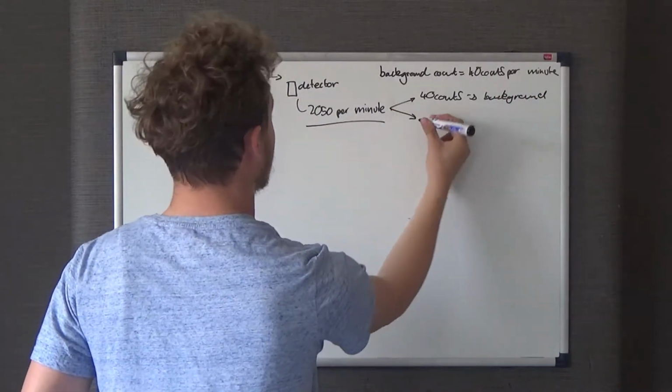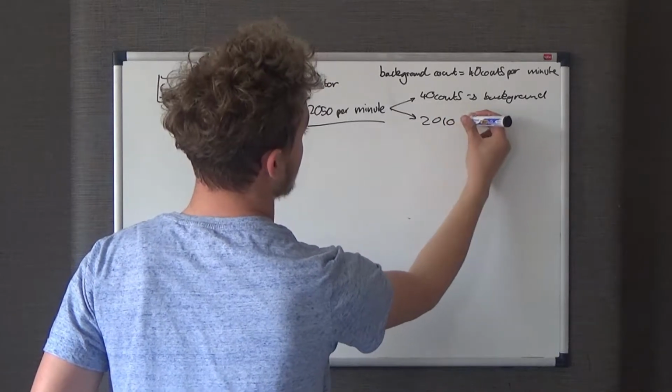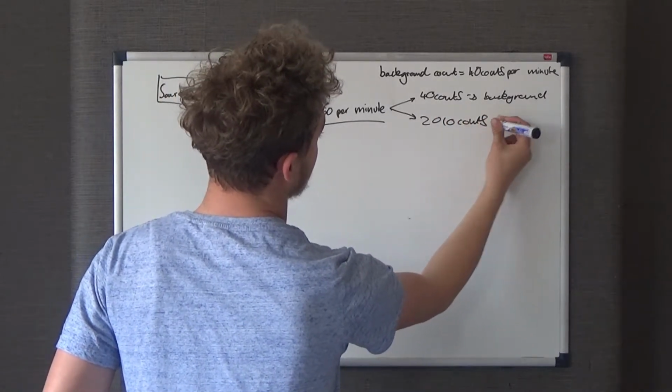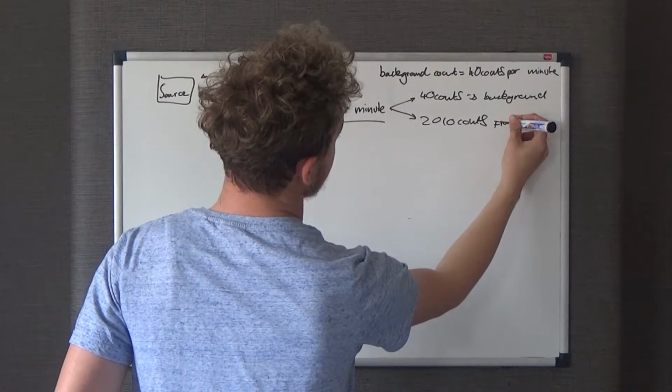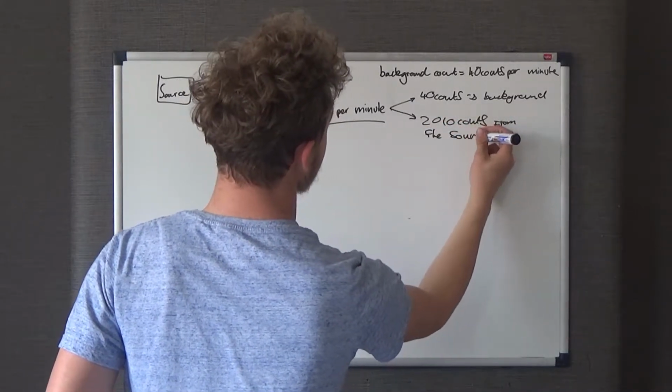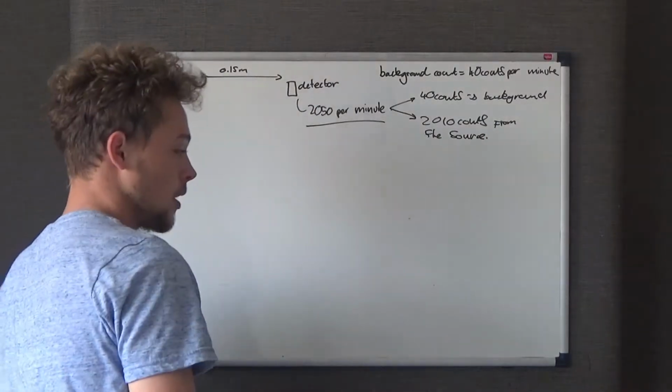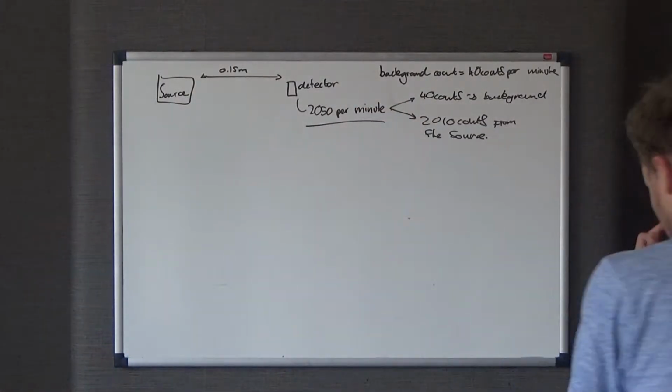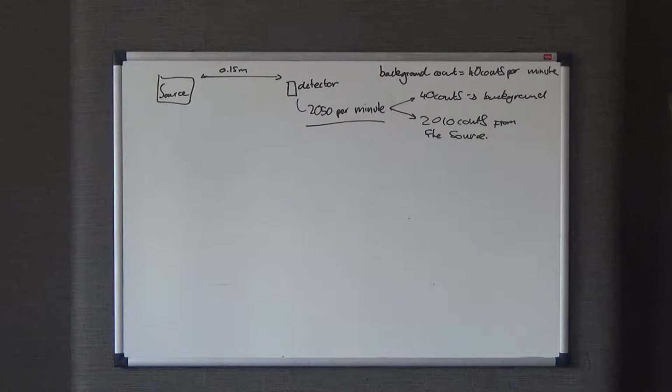And then obviously the remaining 2010 counts is from the source. So obviously we're going to be using the inverse square law of radiation.